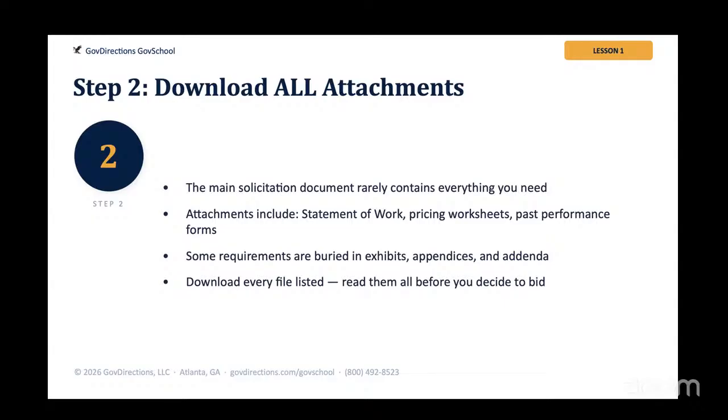And so for the pricing, which is sort of not the best way to manage your bids if you really want to get competition in the government, but sometimes you just never know the way it works. But always make sure you got the latest statement of work, the latest pricing worksheet, the latest past performance forms in order to respond. Some requirements are actually buried, just like I talked about, and you don't want to have that gotcha moment whenever you submit the bid.